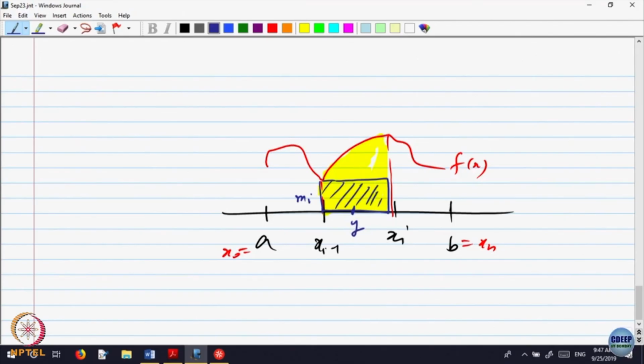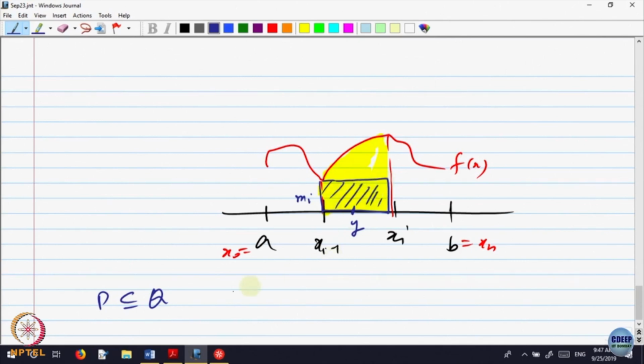Now when you want to consider the lower sum with respect to this new partition, Q is a refinement, so P is a partition given and Q is a refinement. Let us look at the corresponding lower sums with respect to P and with respect to Q. The contribution in the lower sum with respect to P will be this rectangle.